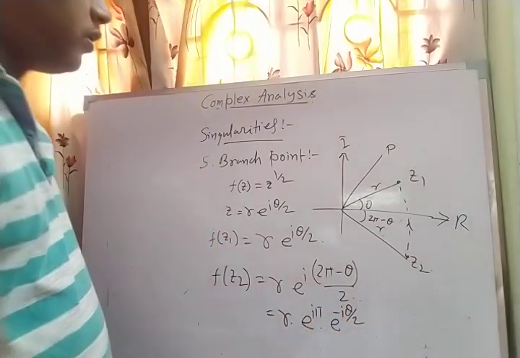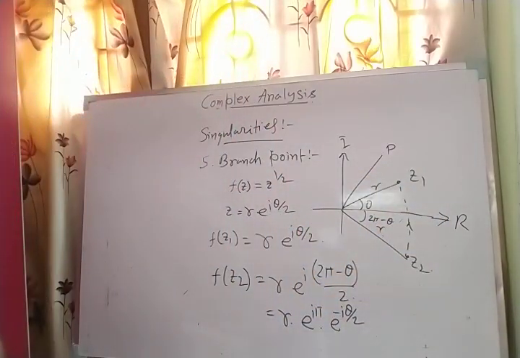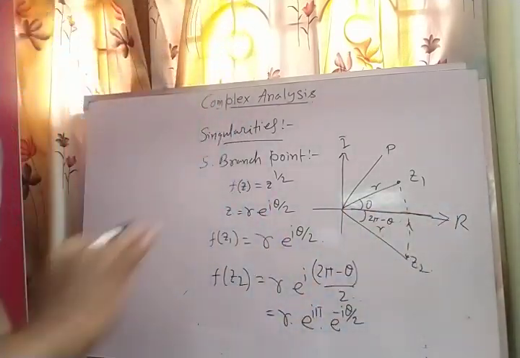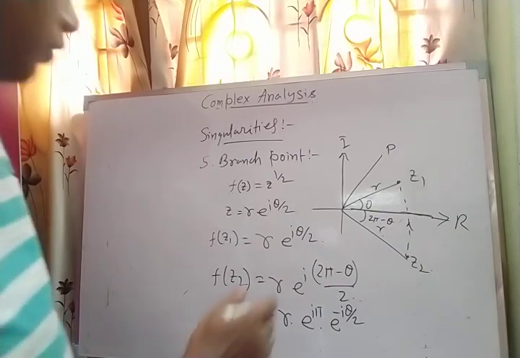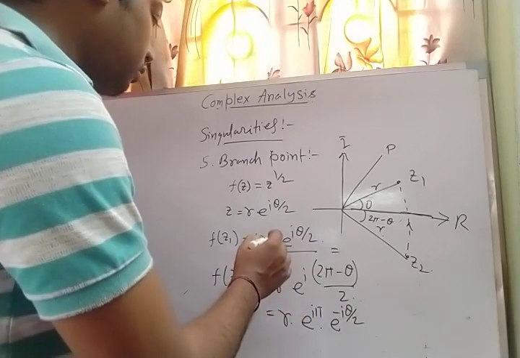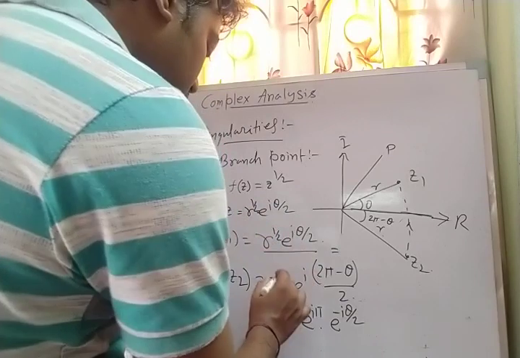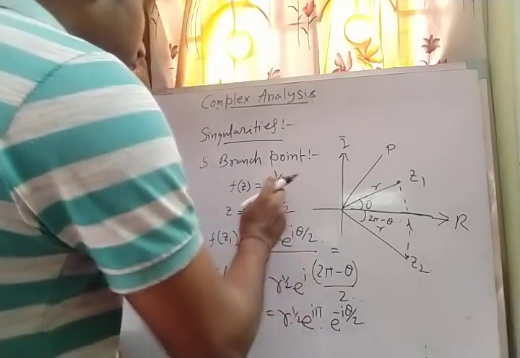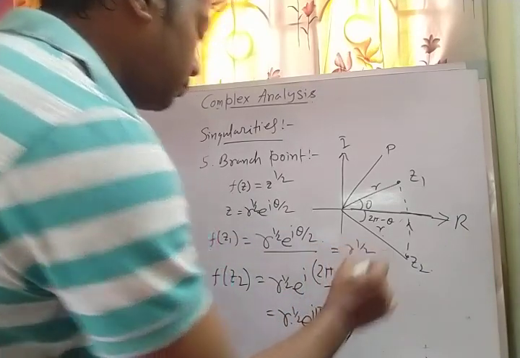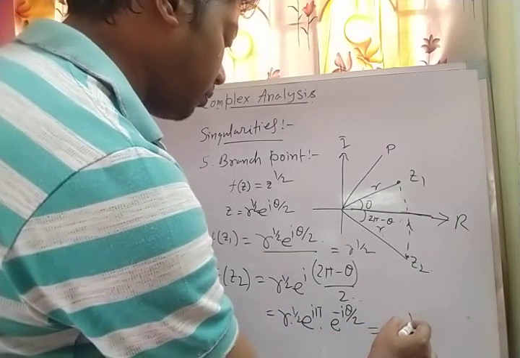Now if we put theta equal to 0, that is at the real axis point, so this gives r to the power half, but this function gives minus r to the power half.